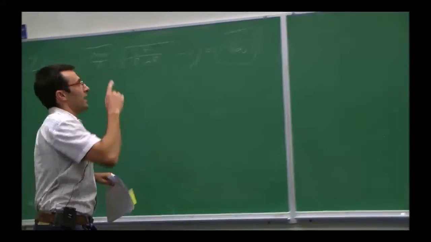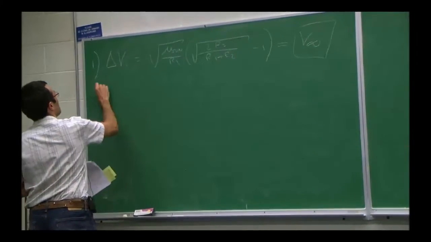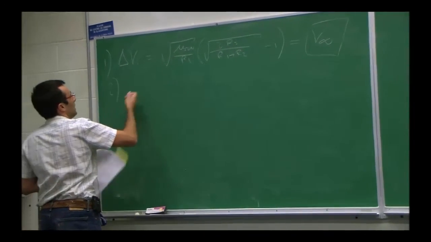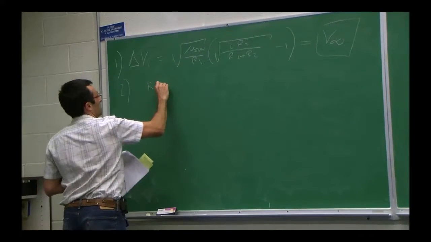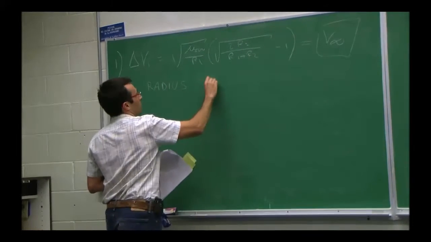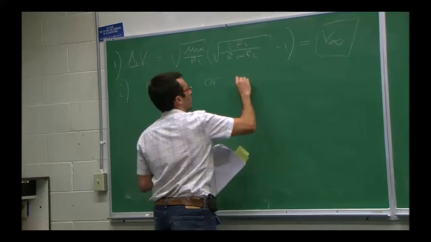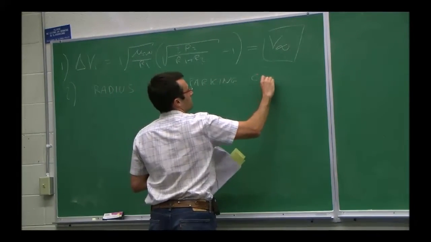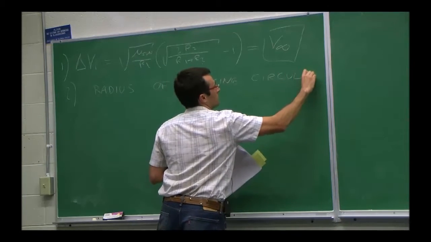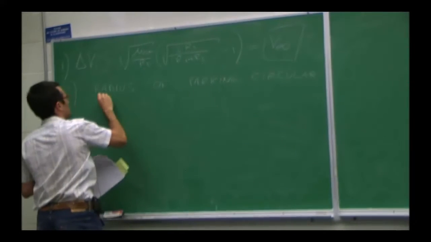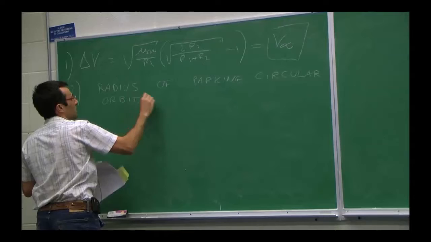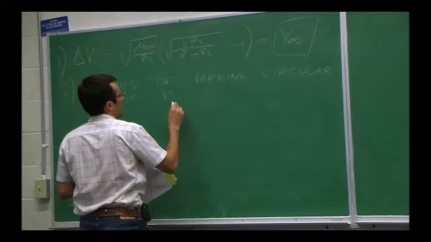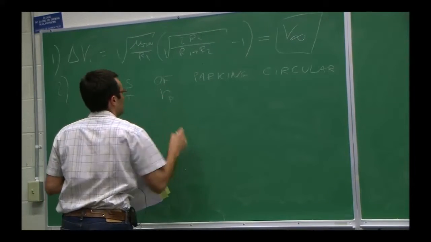And so my inputs here are this V infinity, and the other input is the radius of, let's assume again I'm leaving from a circular orbit, the parking orbit. Doesn't have to be circular, but this makes things a little easier. And let's call this R. I'm going to call it RP.